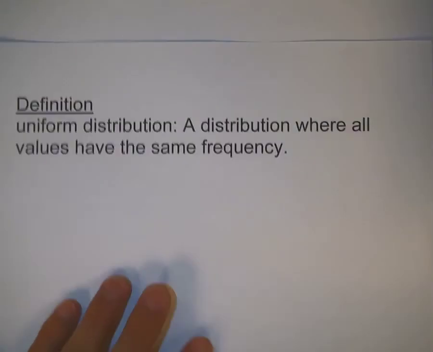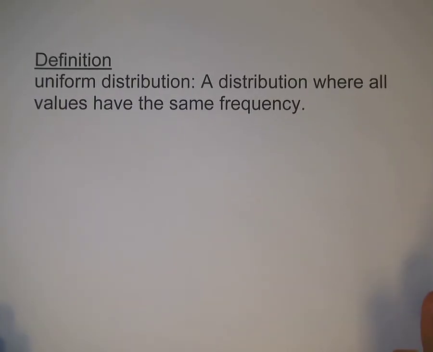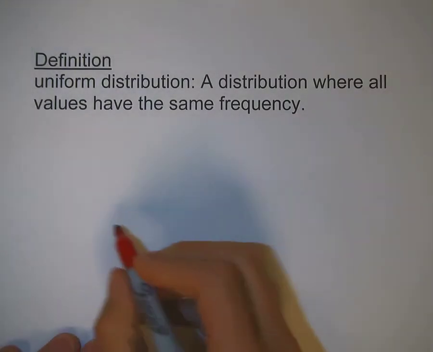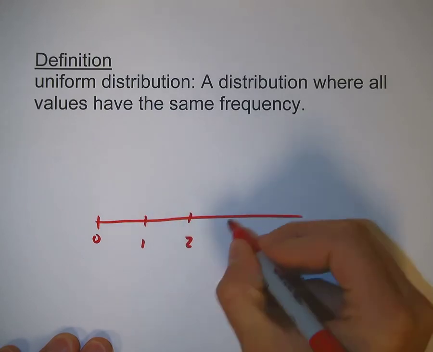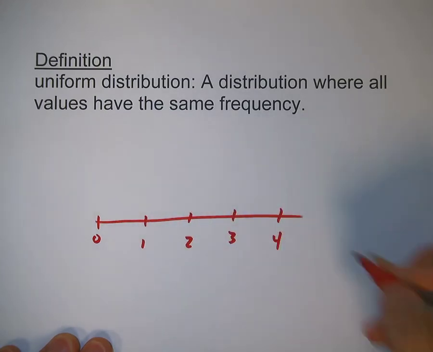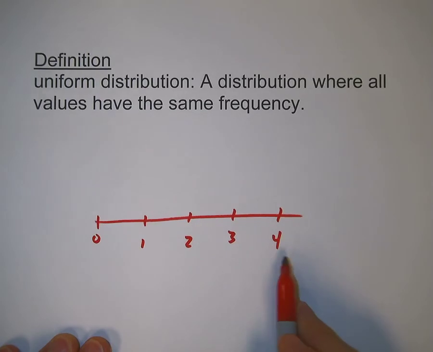And the last type of distribution we'll look at is what's called a uniform distribution. A uniform distribution is a distribution where all values have the same frequency. So if we think about a simple dot plot, and let's say the values from 0 to 4 are possible.